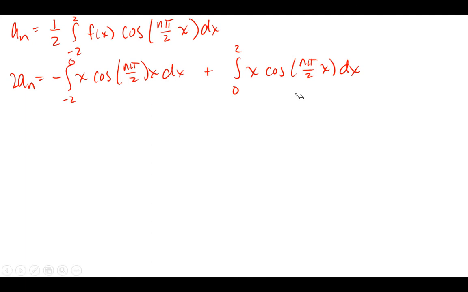So I only have to do this integral once. It's just that for this one, my bounds are -2 to 0, and for this one, my bounds are 0 to 2, right? And this one obviously has a negative in front of it. So at the very least, I don't have to do 2 of these. I can just do this integral once, and then I'll evaluate it everywhere I need to. Okay? So let me just point at this one since it has lots of free space under here. Can you do this integral? Of course you can.